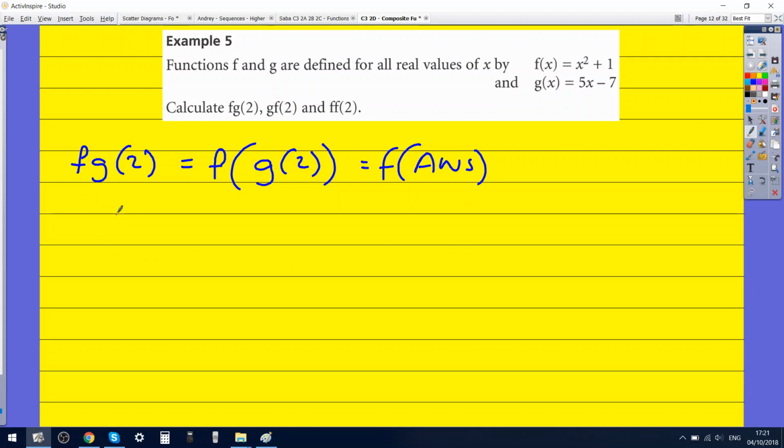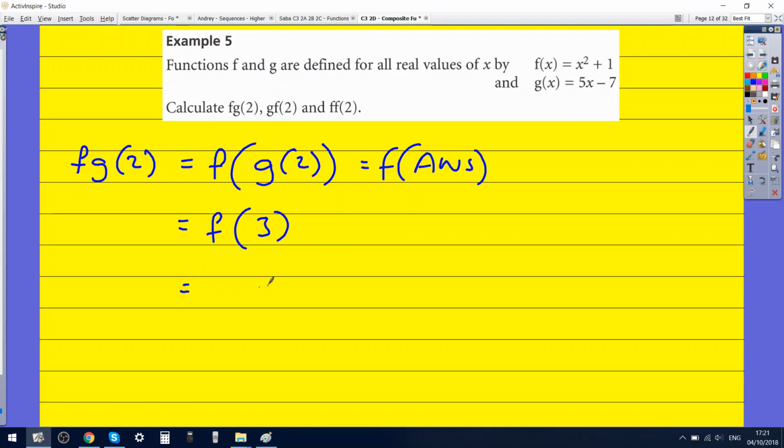So what would be the G of 2? How would you do that? 3. Yes. And so the F of G of 2 is the F of 3.